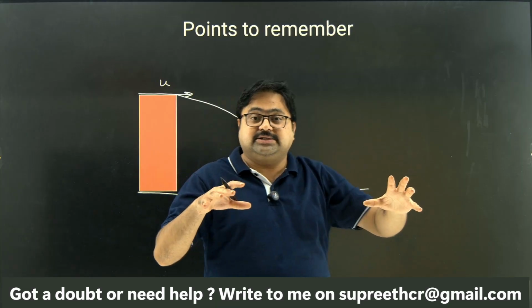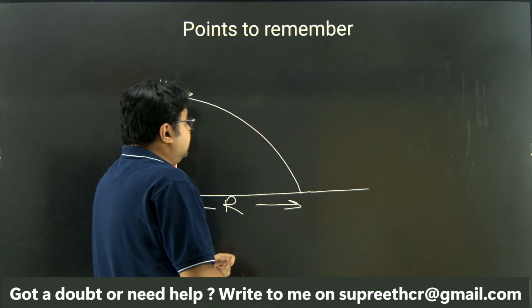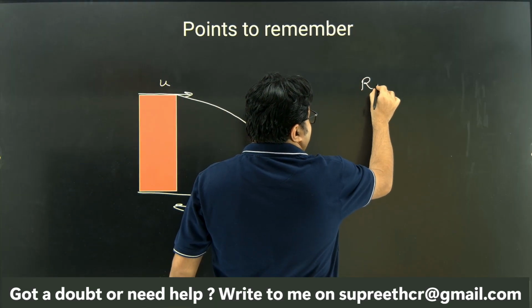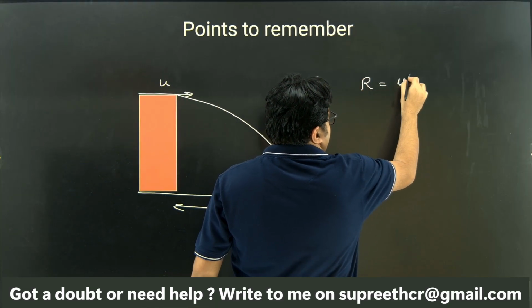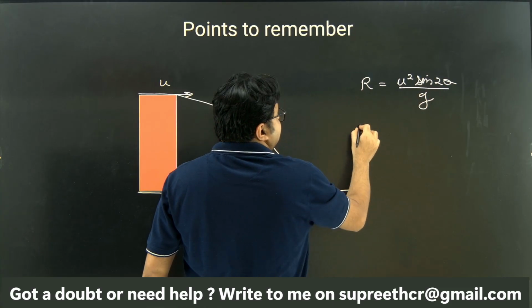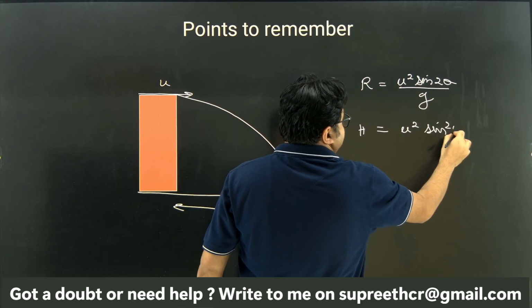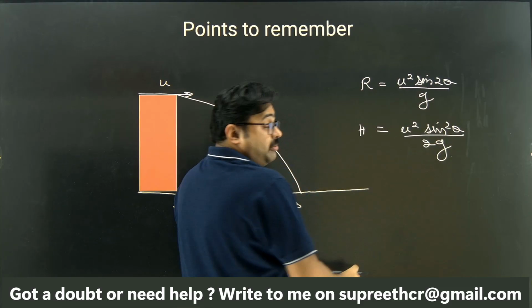All of these points you need to understand a little well, because the equations that you derived for a regular projectile, R is u square sine 2 theta divided by g for range, H is u square sine square theta divided by 2g for maximum height.